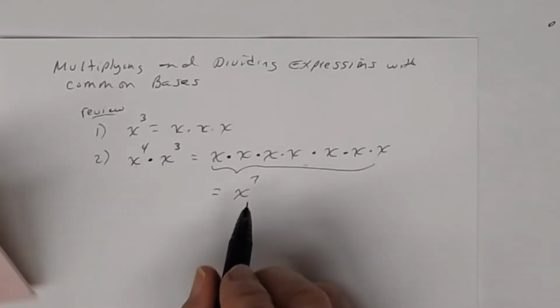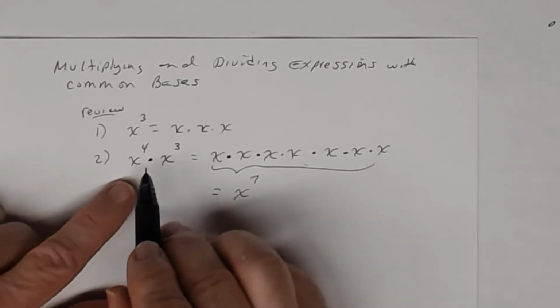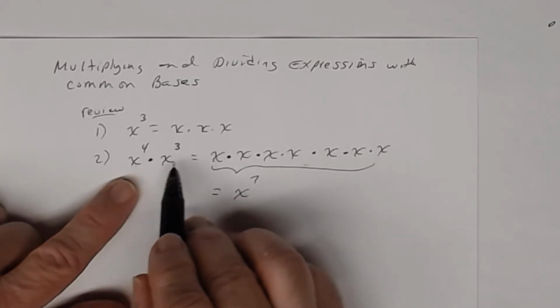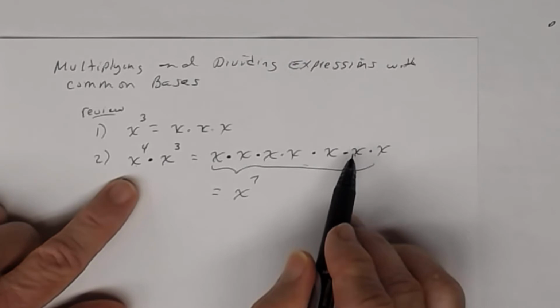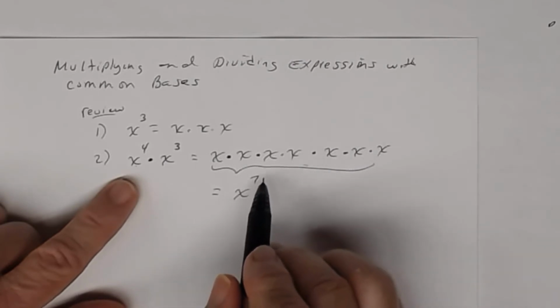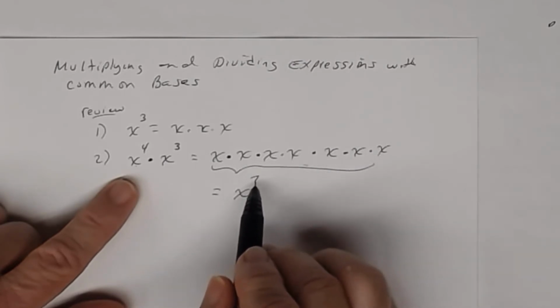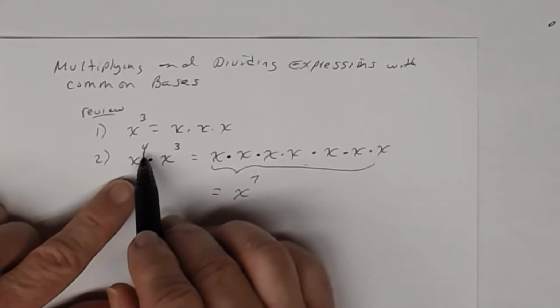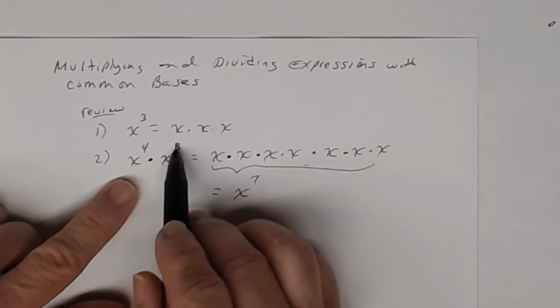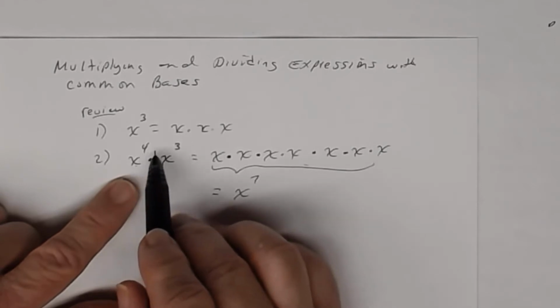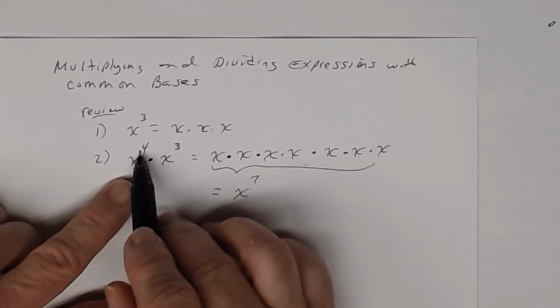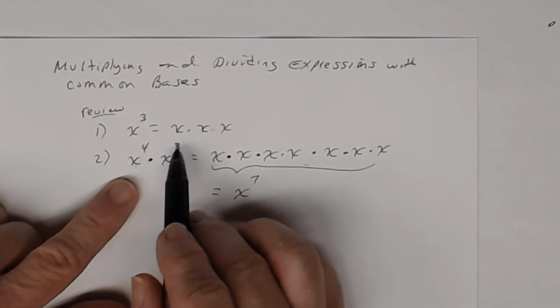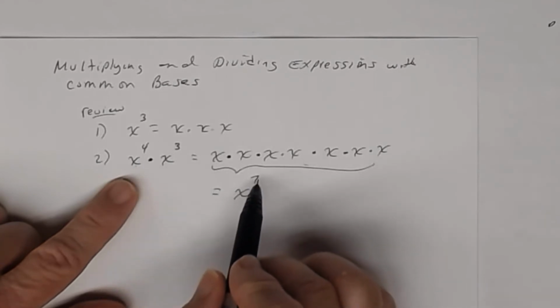So rather than listing all of this out, all I need to do is compare this exponent that I ended up with to what I see here. I have x to the fourth times x to the third. If I take those two exponents and add them, 4 plus 3, I get this, don't I?